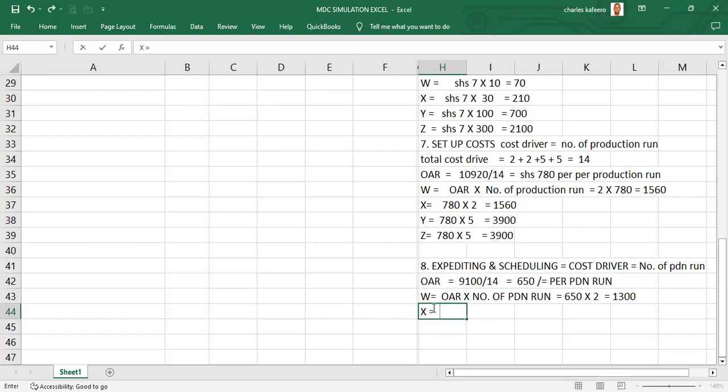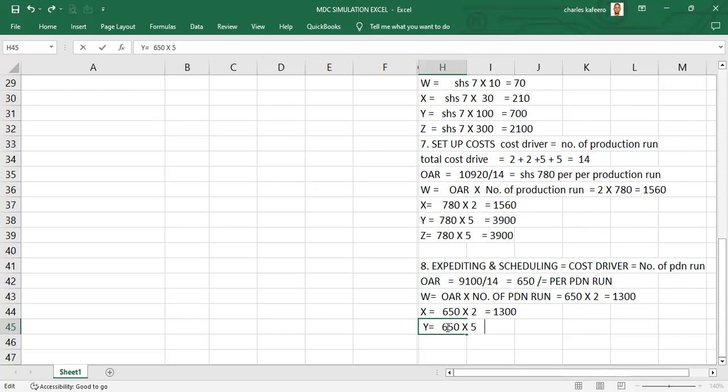Product X, it will be the same OAR, which is 650. We multiply by 2, which is the number of production run. And this will give us 1,300. We go to product Y, and this product Y will be the OAR, which is 650, we multiply by the number of production run, which are 5.